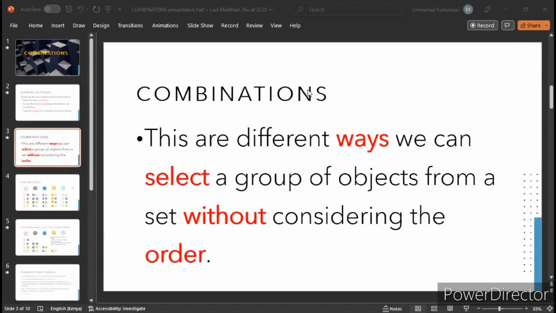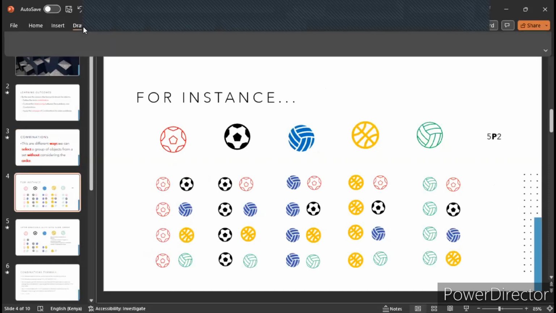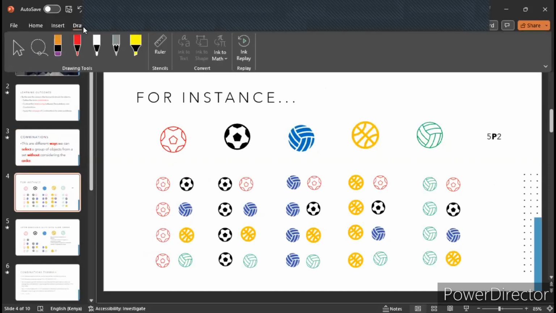We saw that in permutations, we consider the order. For instance, we have a set of 5 balls. In permutations, the order is considered, but in combinations, the order is not considered. In this slide, we can see that we have certain permutations.